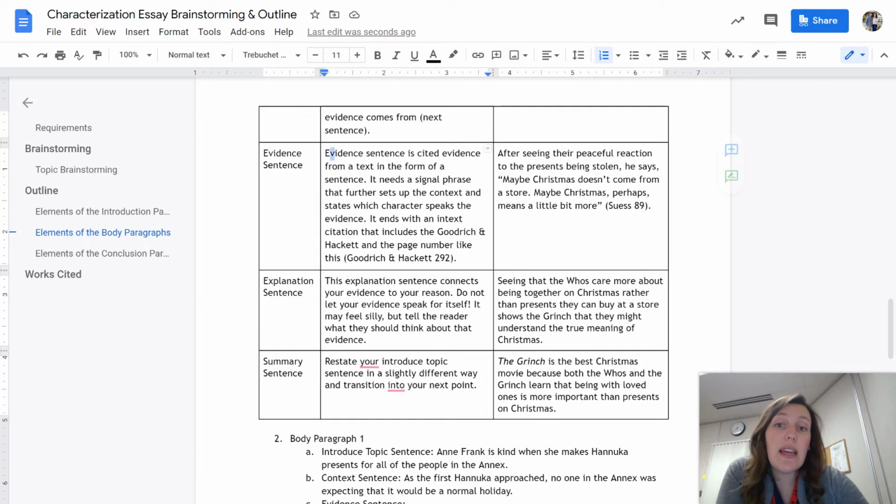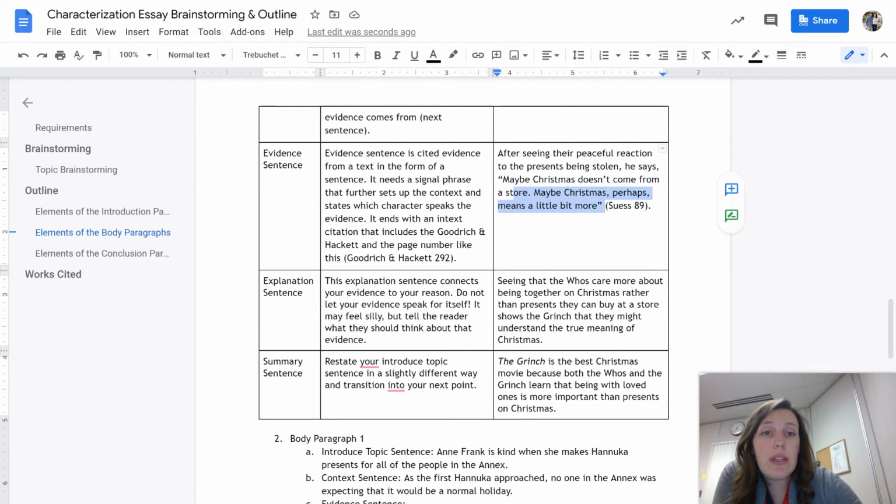Evidence is cited evidence from the text in the form of a sentence. It needs a signal phrase that further sets up the context and states which character speaks the evidence. And it ends with an in-text citation that includes Goodrich and Hackett and the page number, like this. So after seeing their peaceful reaction to the presents being stolen, he says, maybe Christmas doesn't come from a store, maybe Christmas means a little bit more.